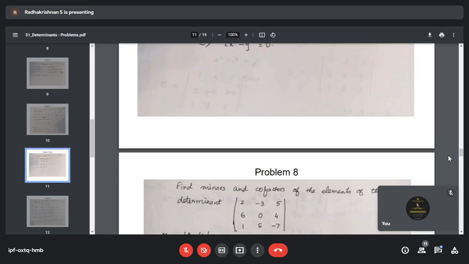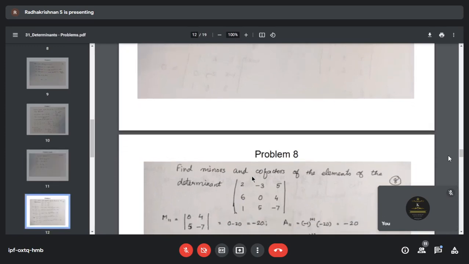So I will show the first result. If you take M11, the minor of 1 1, we take out the first row and first column, then what remains is 0 4 5 minus 7. Then calculate the value of that determinant: 0 into minus 7 minus 4 into 5, and that is minus 20.